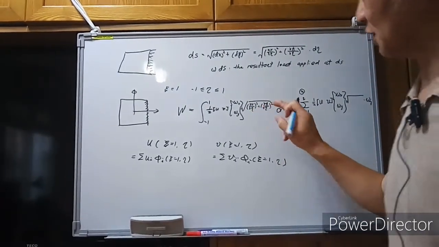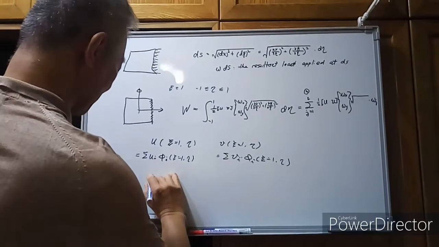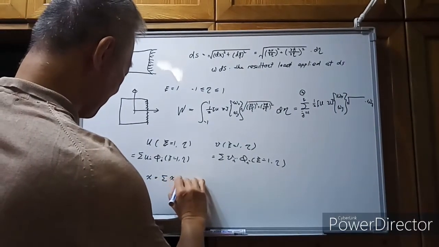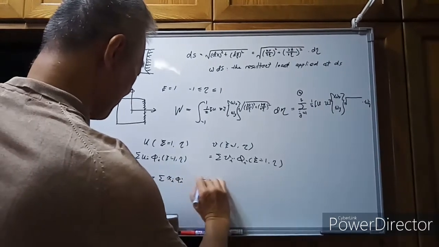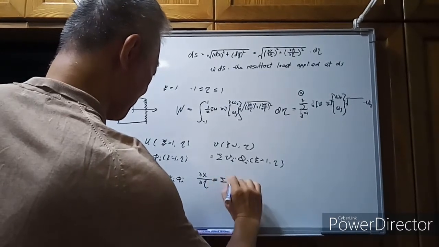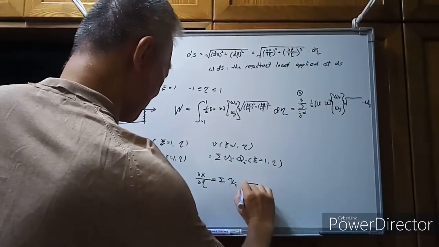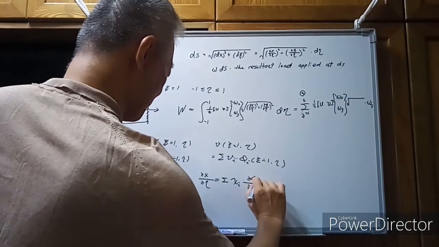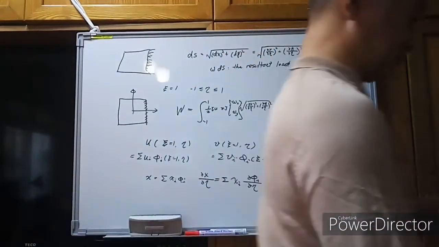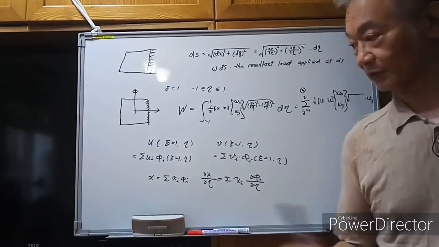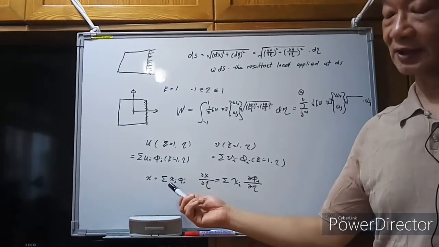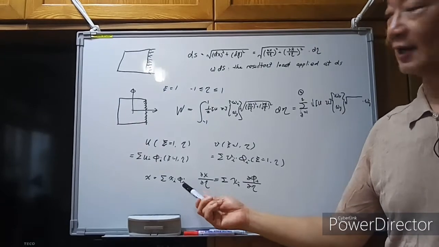Okay, since the x, we can calculate the x by the summation of the nodal coordinates xi multiplied by the phi.